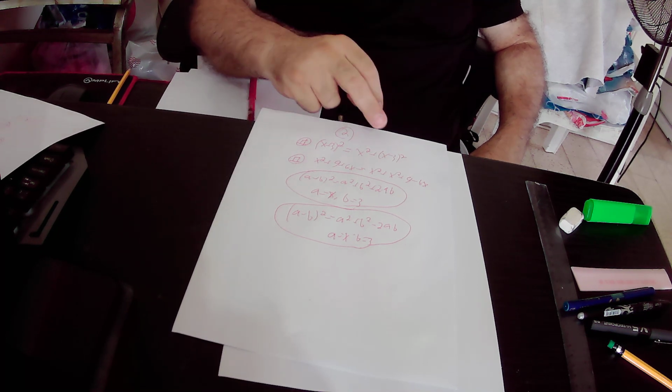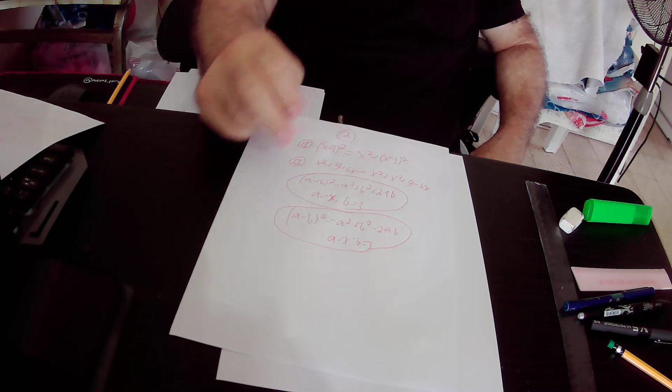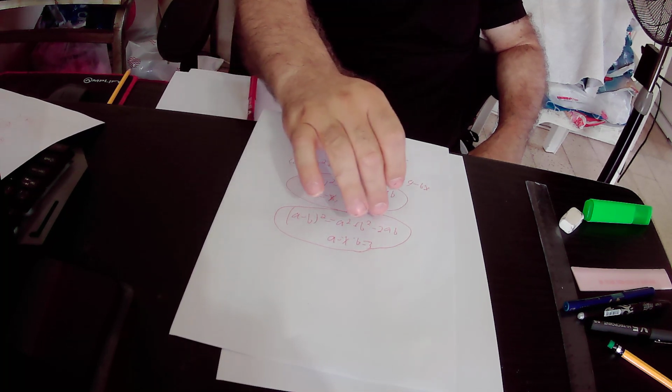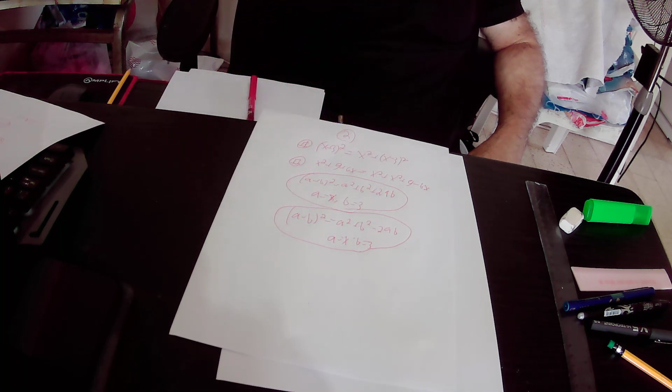And here x minus 3 squared we calculated according to the formula that a minus b squared equals a squared plus b squared minus 2ab, when a equals x and b equals 3.